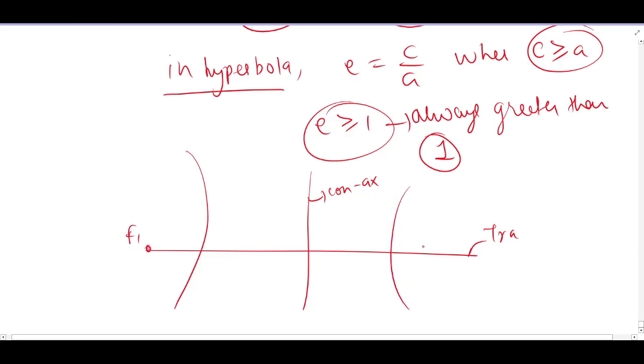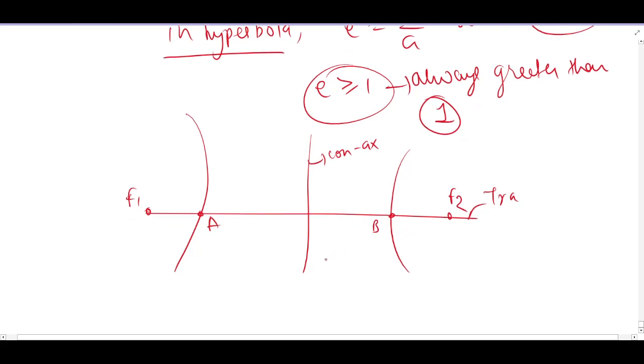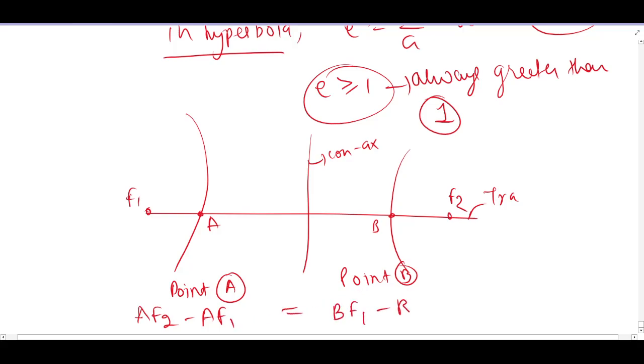This is f1 and f2 and the points A and B. So from definition of hyperbola, consider point A and point B. Therefore, AF2 minus AF1 should be equal to BF1 minus BF2.